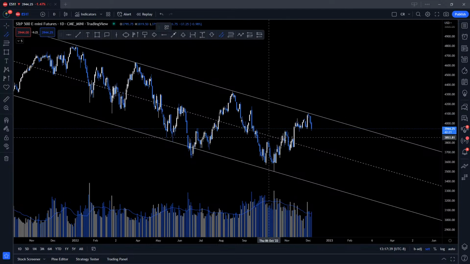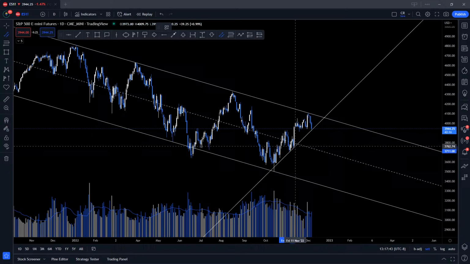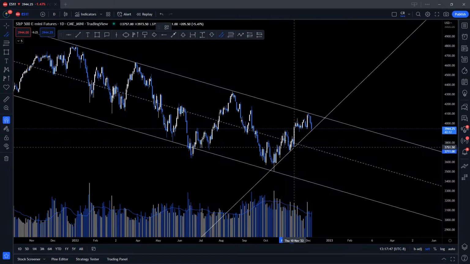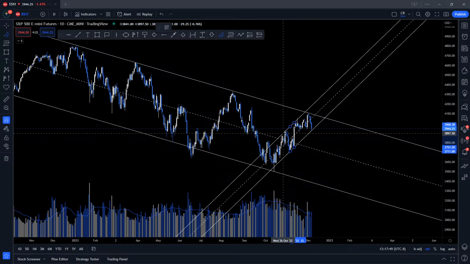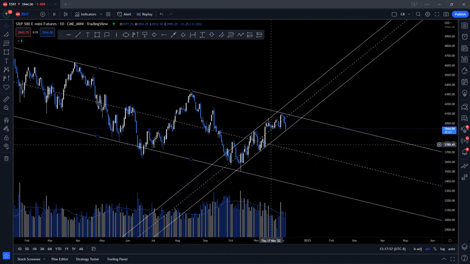And then our current trend, shorter time frame, we're on an uptrend.